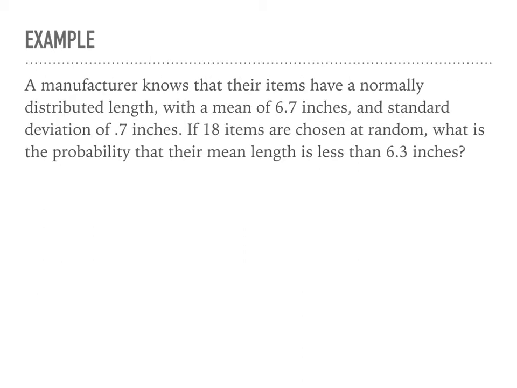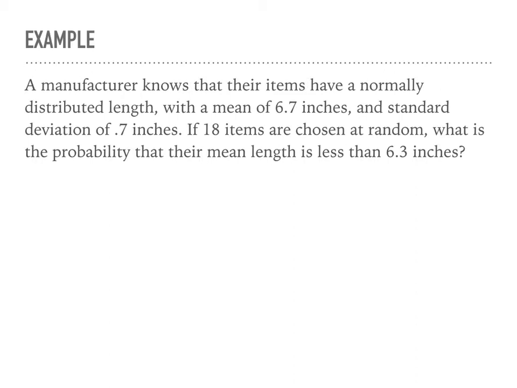Let's take a look at an example here. A manufacturer knows that their items have a normally distributed length, with a mean of 6.7 inches and a standard deviation of 0.7 inches. If 18 items are chosen at random, what is the probability that their mean length is less than 6.3 inches?